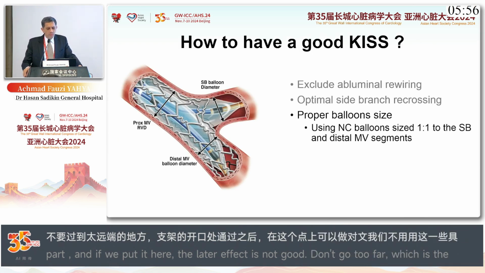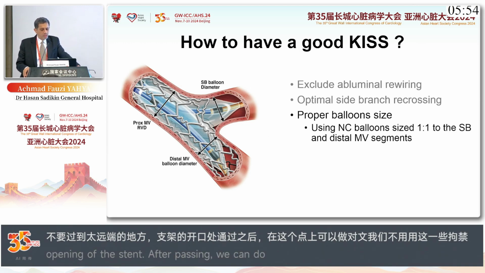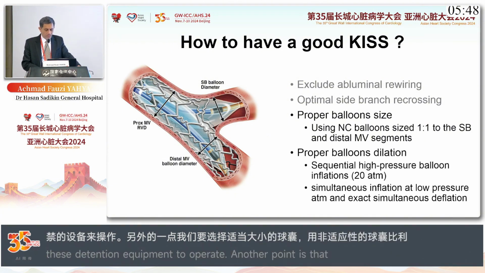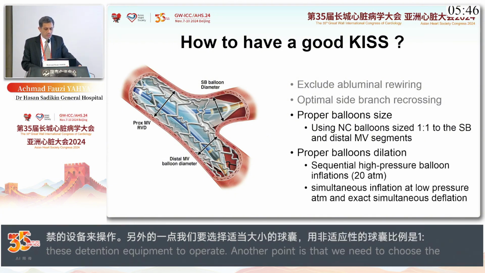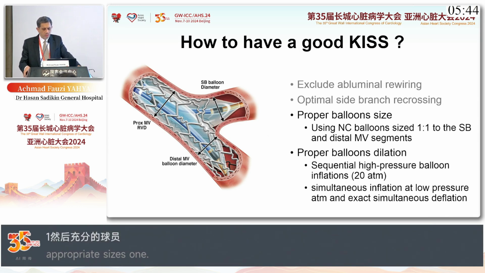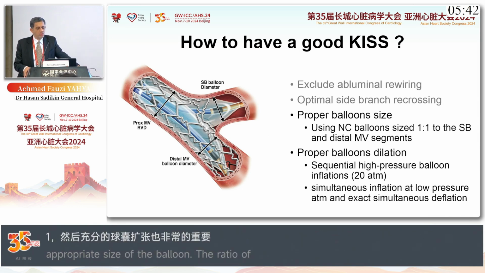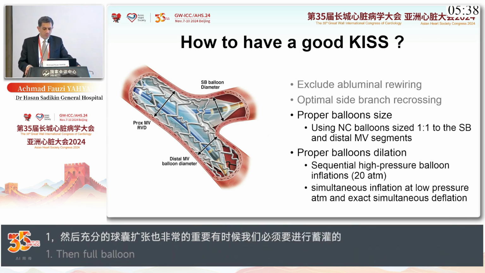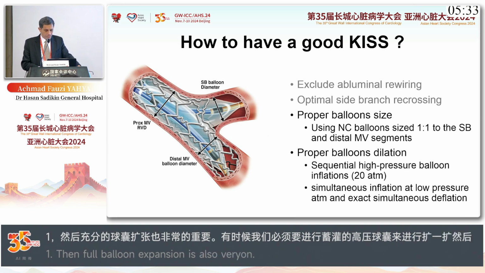In the other point, use proper balloon size, using an NC balloon at a 1-to-1 ratio to the side branch and distal main vessel stent, and proper balloon dilatation. Sometimes we have to do sequential high pressure balloon dilatations, inflation, and then simultaneous inflation at low pressure, ATM, and exact simultaneous deflations.